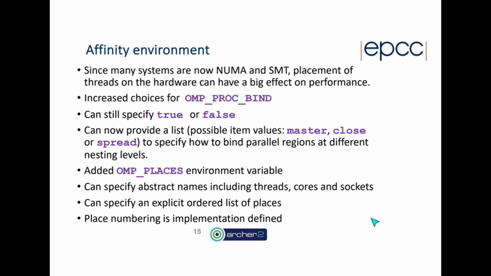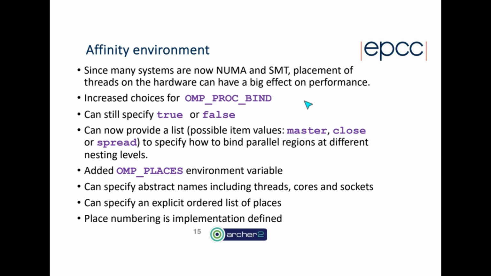There are reasons for doing both. Spreading them across NUMA regions would increase the available bandwidth, but it might also increase memory latencies and reduce the amount of reuse in shared caches and so on. So it depends on the application, and it's not always obvious exactly what you want to do. But anyway, this is a mechanism that gives you the control.